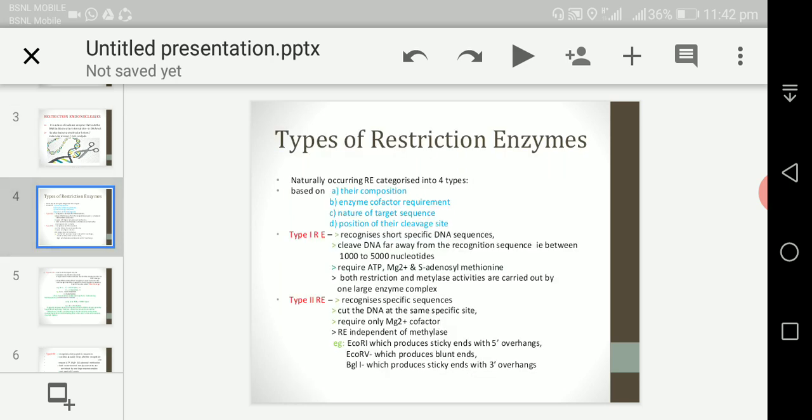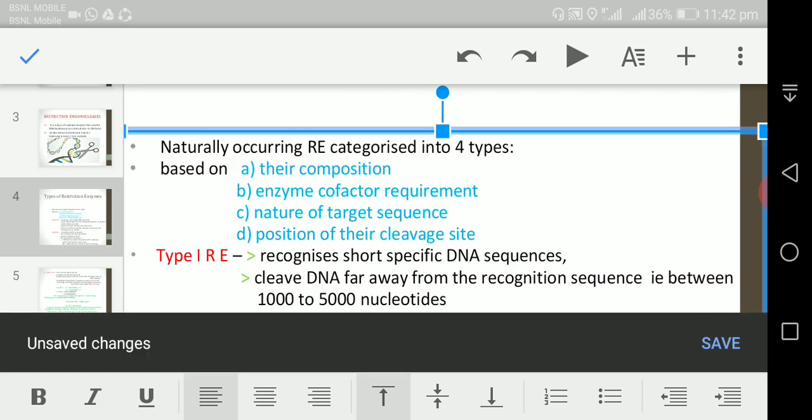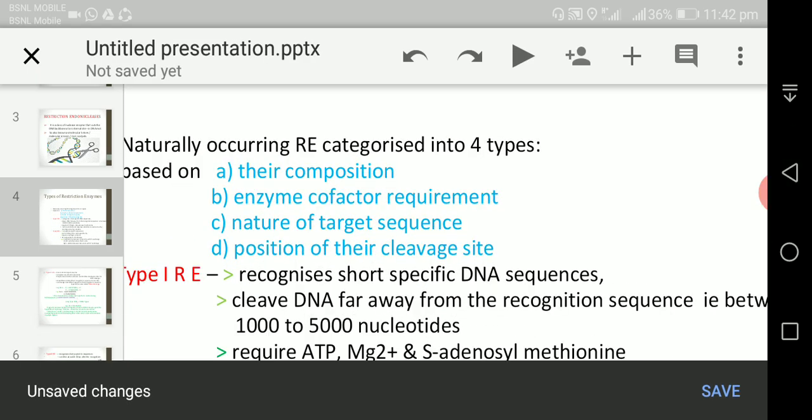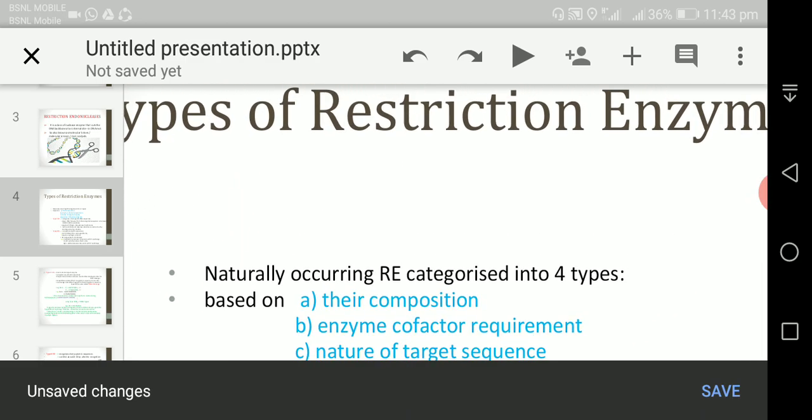Now we will see the different types of restriction enzymes. Based on the types, we can categorize the restriction enzymes into 4 types.